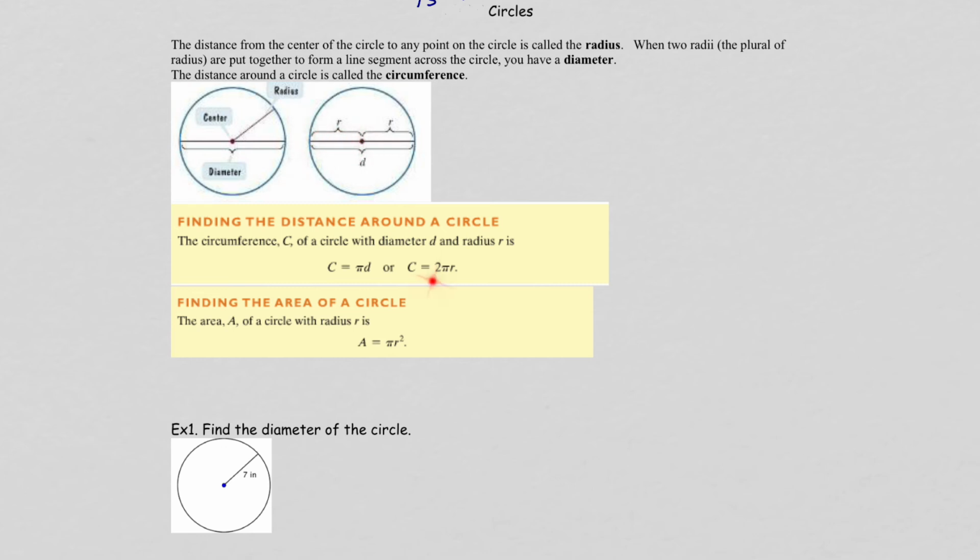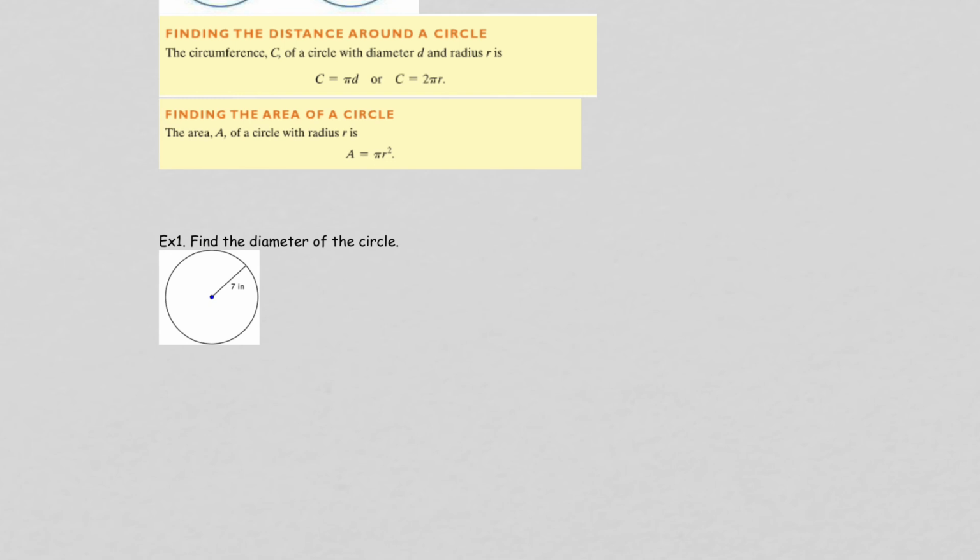Then you're going to do 2 times pi r. So it depends on what's given. You're going to use one of the formulas. Area is going to be pi times r squared. So if the diameter is given, you need to find the radius first. So we will do a few examples related to that.